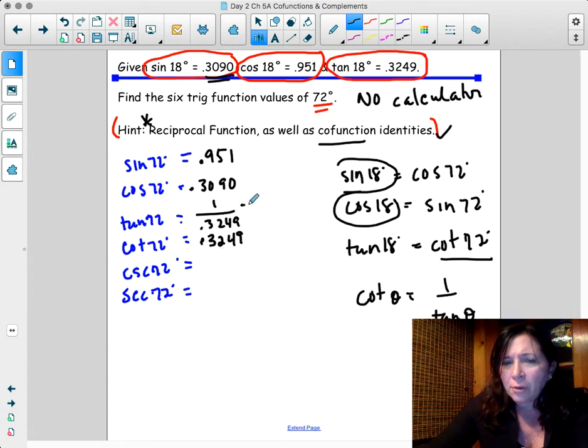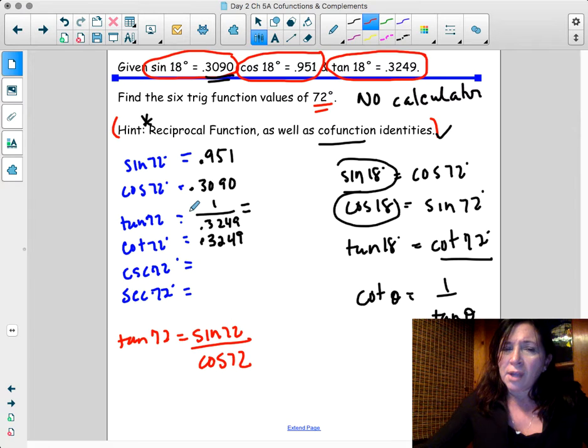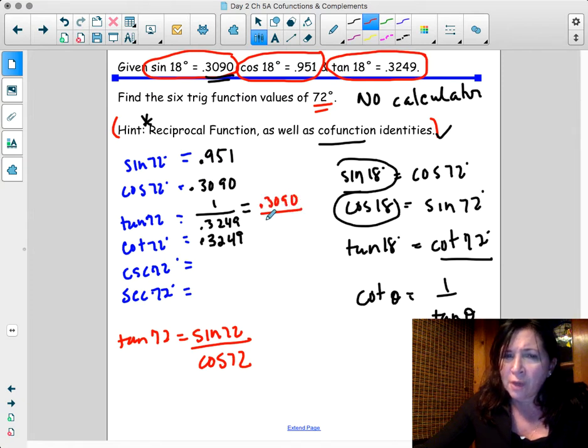On another note, I want to remind you of something that we learned in the day 1 slides, and that was that tangent of 72 degrees is equal to sine of 72 over cosine of 72. So another way I could have written this is sine over cosine, and that would have been 0.3090 over 0.951.